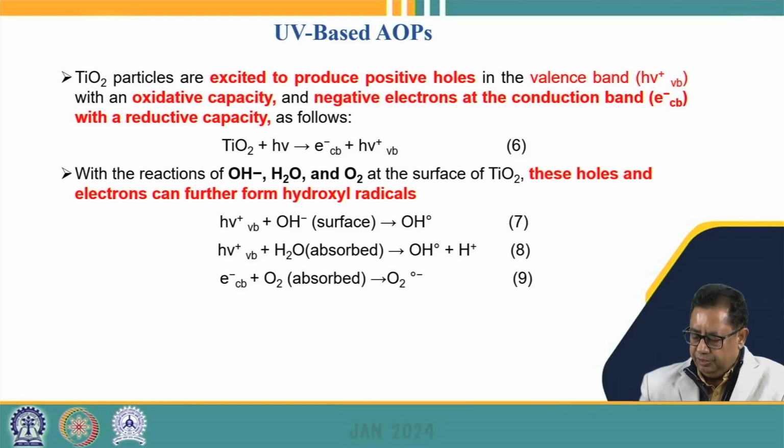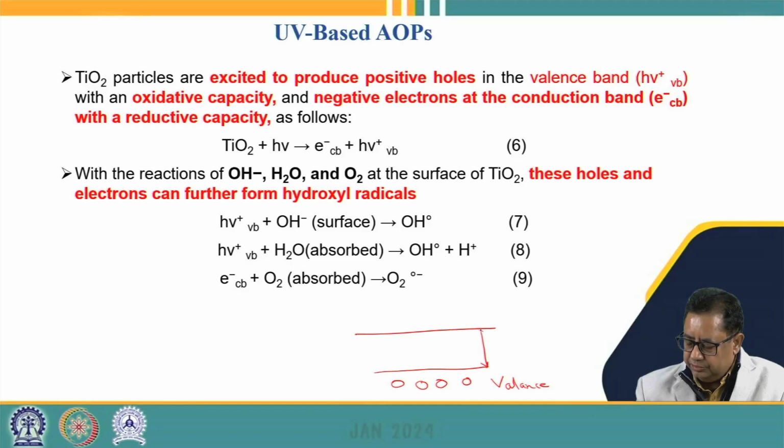For example, here we can have two bands. One is called the valence band, where we have the electrons present, and there is an energy gap, or we can say an energy band, and this is called the conduction band.